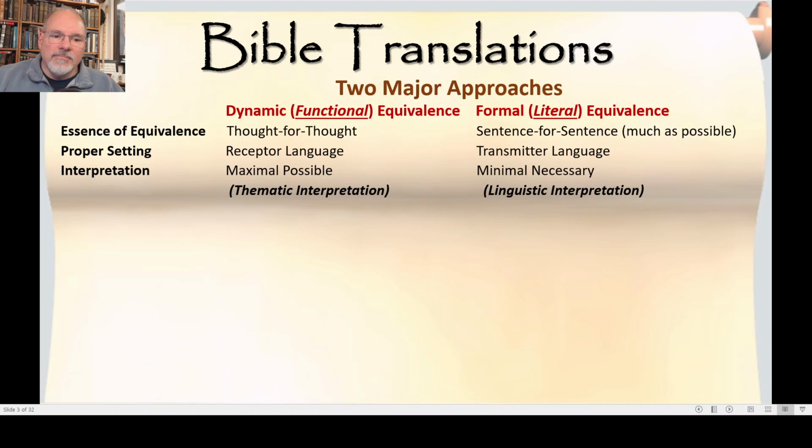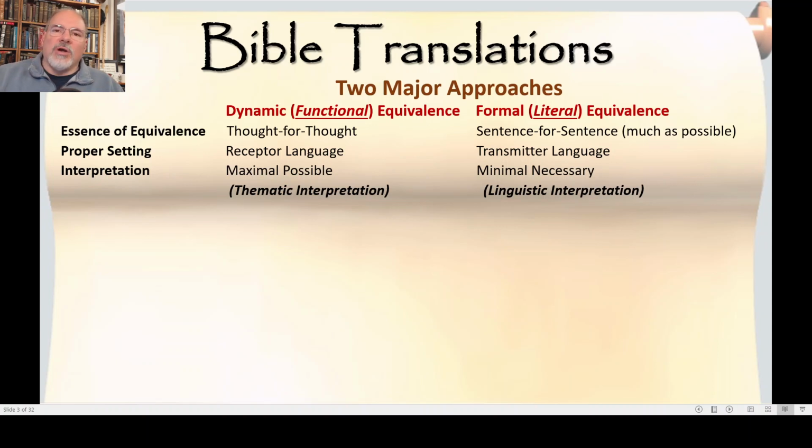The interpretation. Now, as far as the dynamic equivalence, it's a thematic interpretation, meaning they're going to try to interpret as much as possible in the sense that, and we're really talking on this side more around paraphrases, okay?